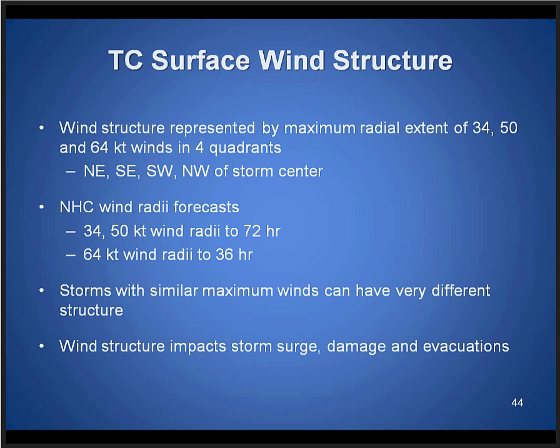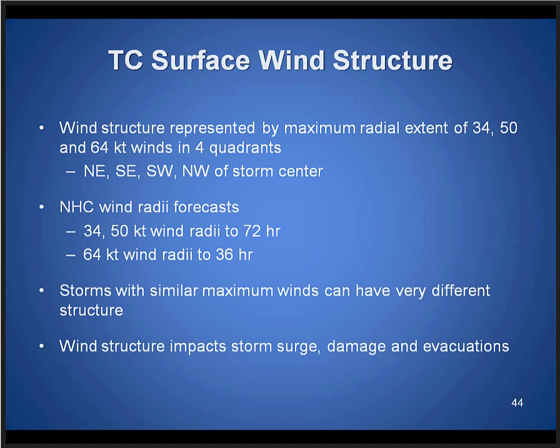So we make a wind forecast of the radii out to 3 days for tropical storm and 50 knots, and only out to 36 hours for hurricane force. And again, it's because if we can't better measure what's going on now, we're reluctant to extend the forecast out beyond what we're doing currently.